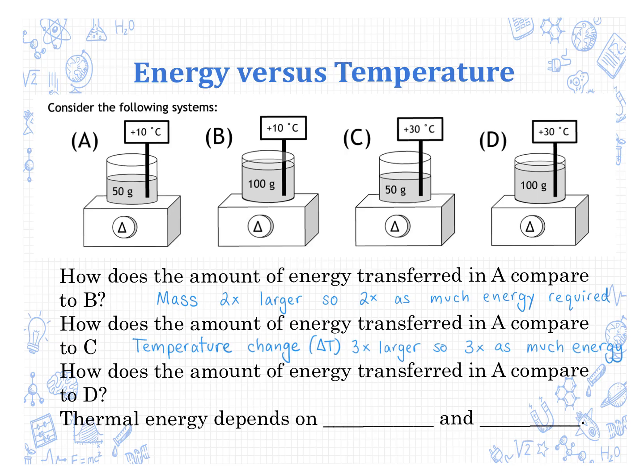The third scenario is to compare situation D to situation A. And I noticed 2 changes this time. This time the mass is 2 times bigger, and the temperature change is 3 times bigger. I usually hear one of 2 answers. I will hear people say the energy required is 5 times bigger, and I will hear the energy required is 6 times bigger.